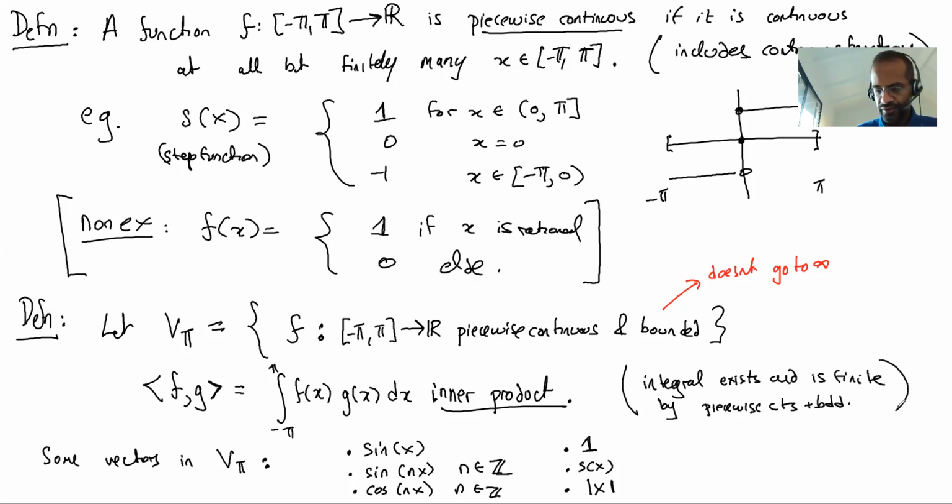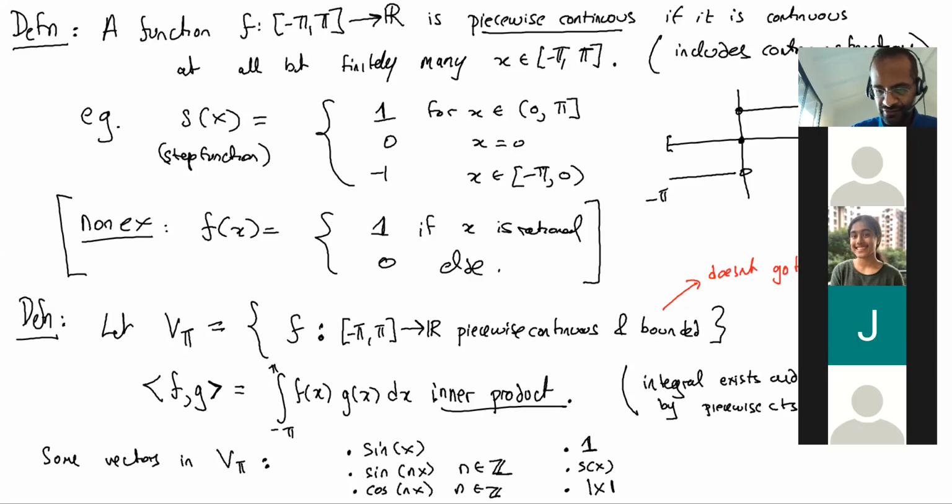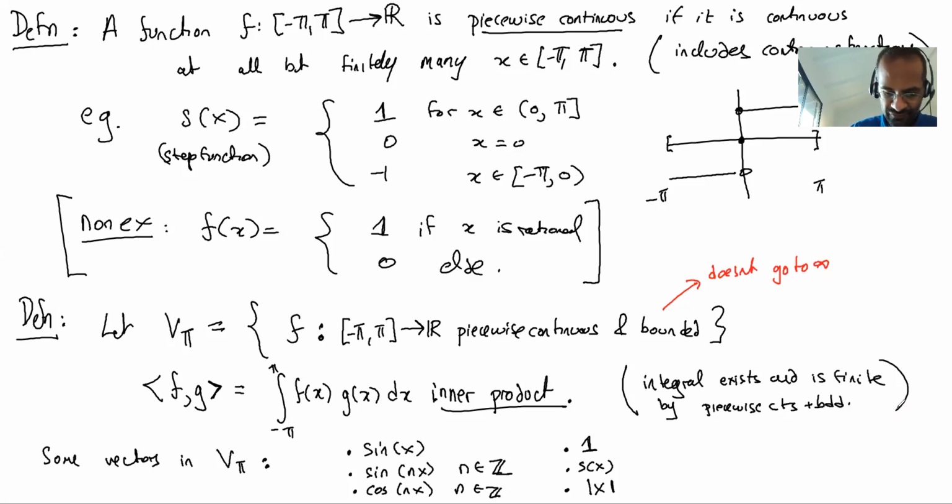You can review your Riemann integral that you learned in calculus to remind yourself of why that's the case. Okay, so now let's look at some interesting subspaces of this space.